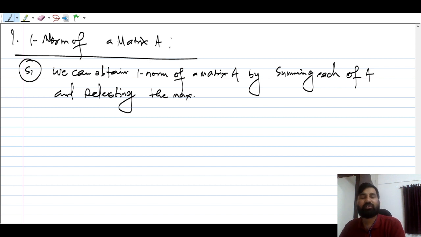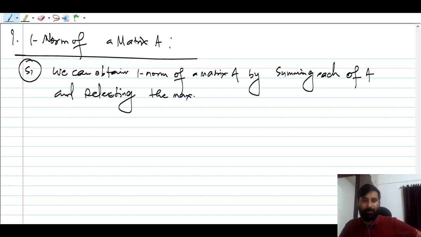So any matrix will be given. I'll share a question in the group, guys, you can solve it. So we can obtain the one norm of a matrix A by summing all columns. मान लो 3 columns are there, you add all 3 columns and see the maximum summation, right? That is going to be the answer.